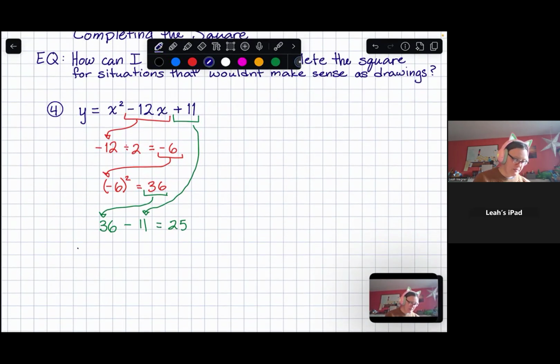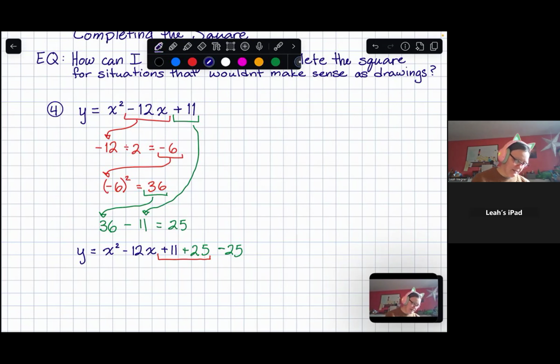Y equals x squared minus 12x plus 11 plus 25 minus 25. Now what I'm going to do is keep the plus 11 and plus 25 as one piece that can equal 36 and leave the minus 25 on the outside.